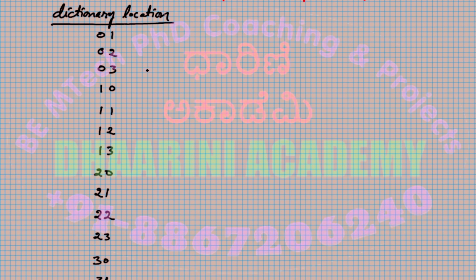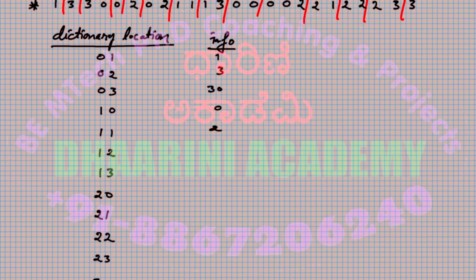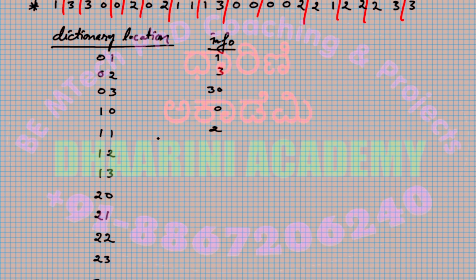So next one is the information or the content, correct? So the information, whatever we have, directly write. So the first one is 1, then 3. This is 3, 0. Next data is 0. Okay. Next data is 2. Okay, right. So this is 2. Then you have, I think, 0, 2.